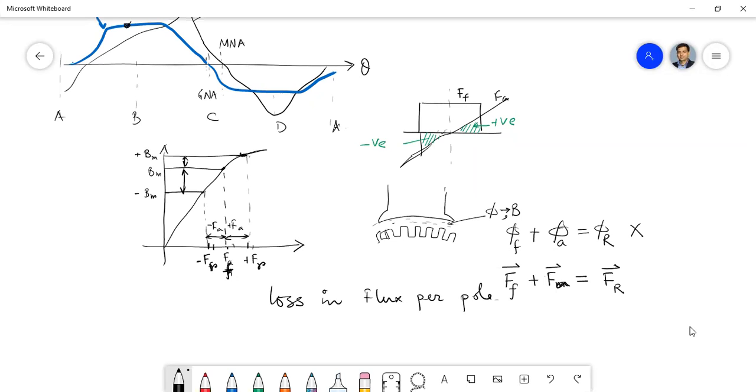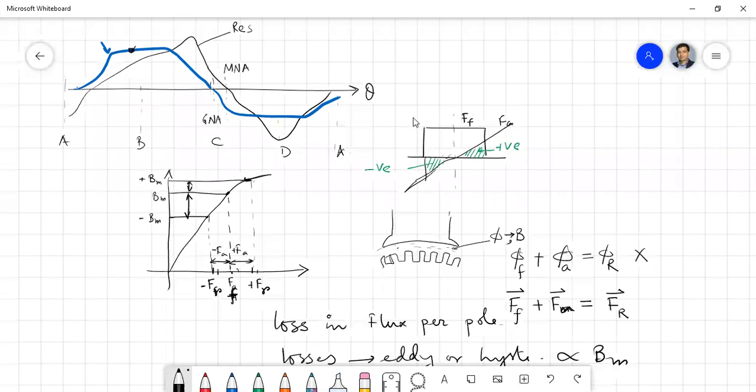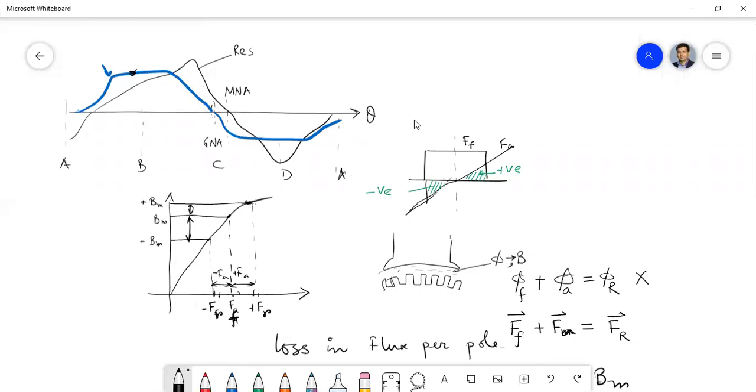Total flux per pole you will lose, but the losses, that is eddy current or hysteresis loss, depend on the maximum flux density. That means this value. You see this value, so that depends on this value.